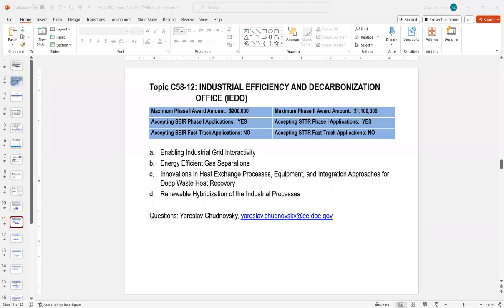I just put my name as a point of contact at this point, but each subtopic has its own technology manager, and the specific focus of each subtopic will be briefly discussed by the corresponding topic lead. For enabling industrial grid interactivity, the topic manager is Zachary Pritchard, who is going to discuss the focus of this subtopic. Zach, it's yours.